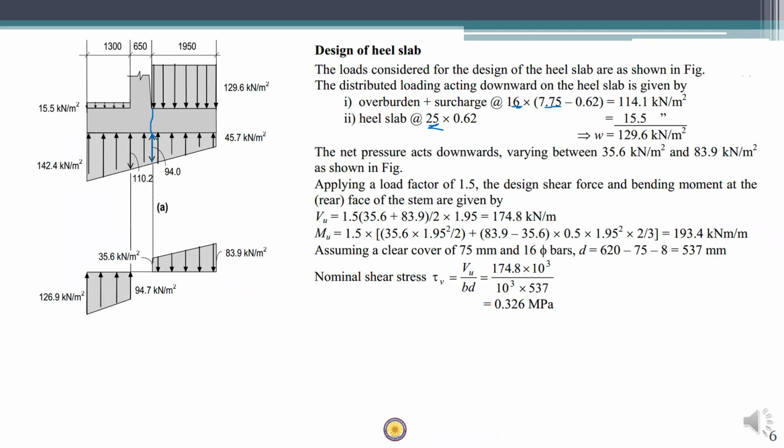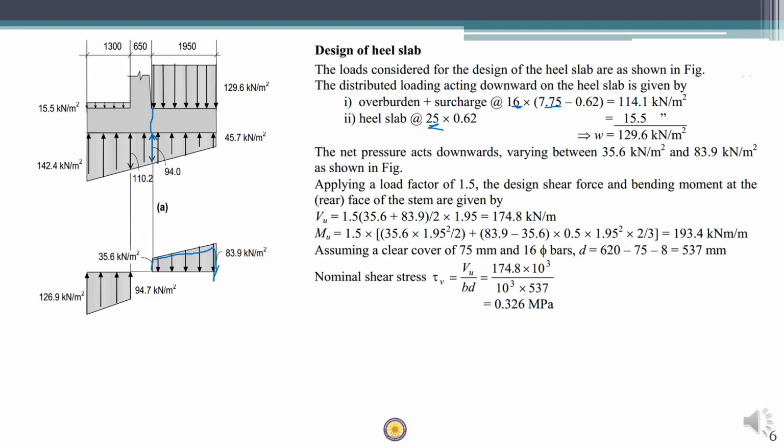This is Q minimum, and this can be interpolated and found out here. Once we have the downward force and upward force, we can find the net force, and we got the net force to be a downward uniformly varying load.